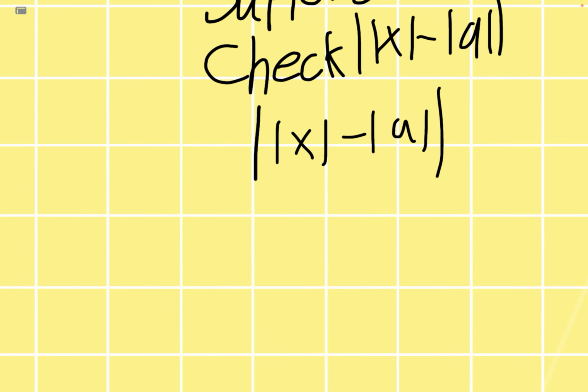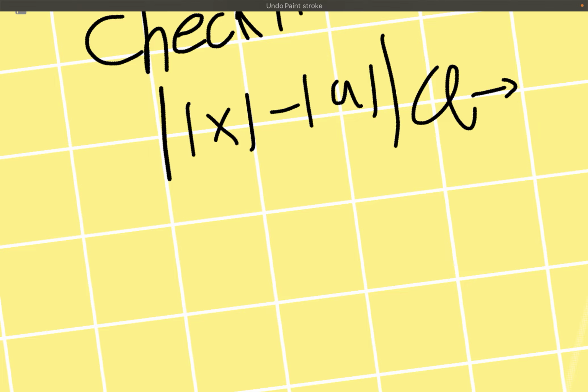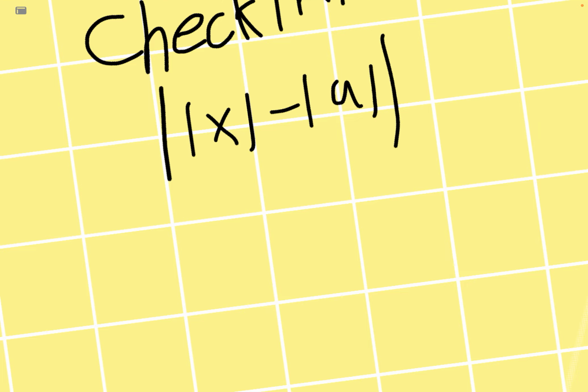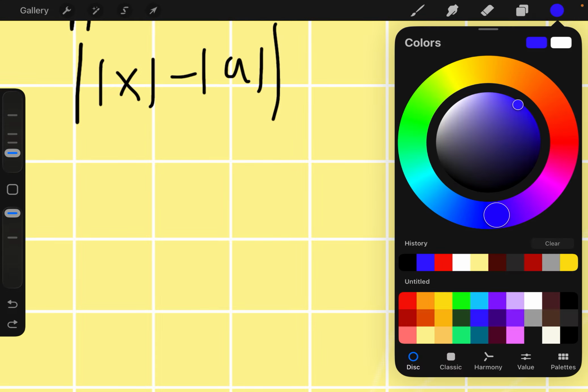And then now we can just write this down one more time: absolute value of x minus absolute value of a. And a can be anything, right? Technically x is approaching a, but you know. And then here I'm going to remind you of something called the triangle inequality.